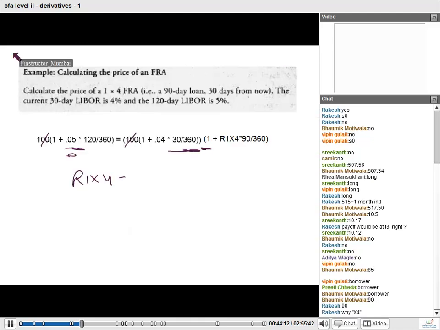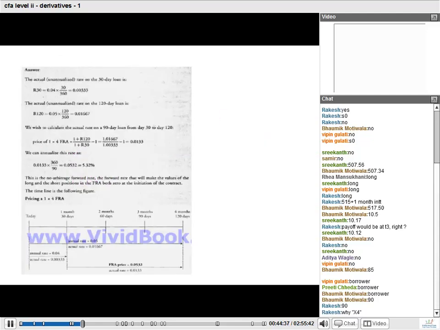So 1 by 4 just represents 4 minus 1, 90-day rate. So 4 minus 1 is 3. And 1 represents that it's the rate 1 month later. So the 90-day rate 1 month later, because this is the rate that I'm freezing 1 month later, which will come out to be 5.32%.